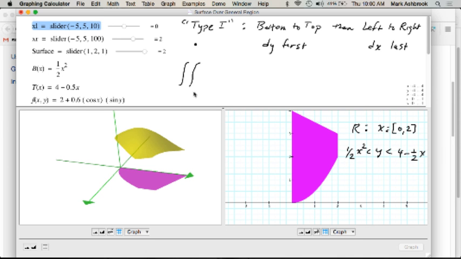So we're going to go from what to what? We go from 1 half x squared to 4 minus a half x. Our function is 2 plus 0.6 cosine x sine y.